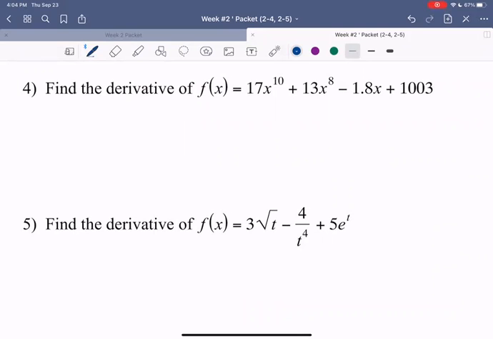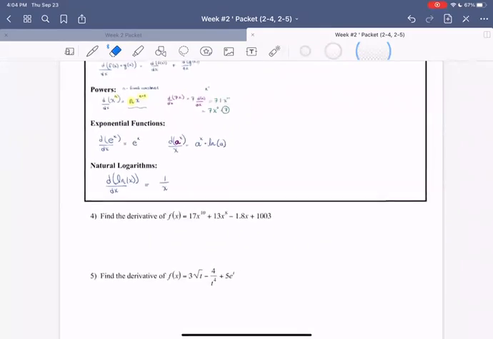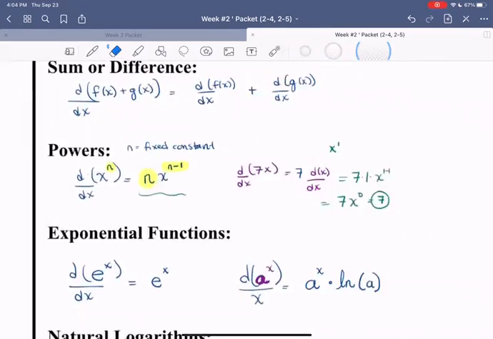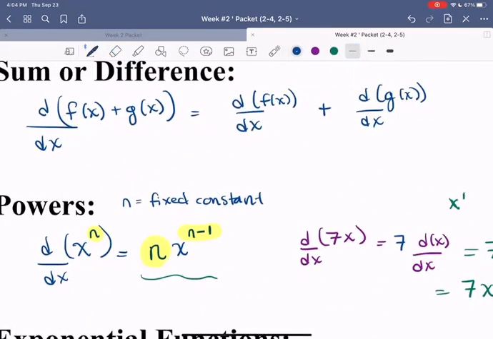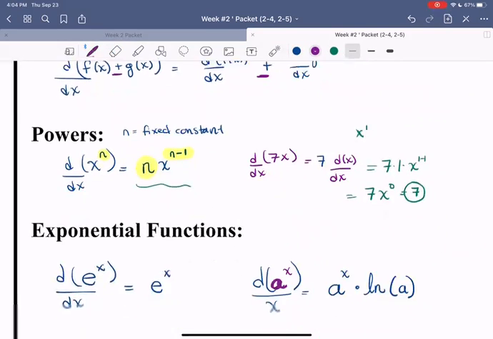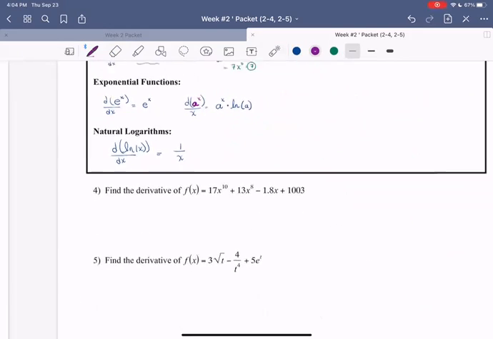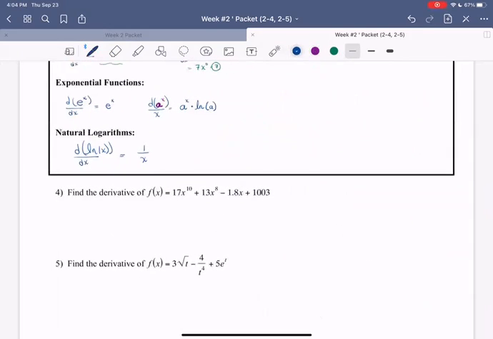All right, so first of all, we can look at the overall structure of this function. If we squint at it, what it looks like is a sum. We're adding terms or subtracting terms, so we're taking a sum or difference here. So if we look back at our rule, if we have a sum or difference of functions, adding or subtracting two functions, then to compute the derivative, we just take the derivative of each term.